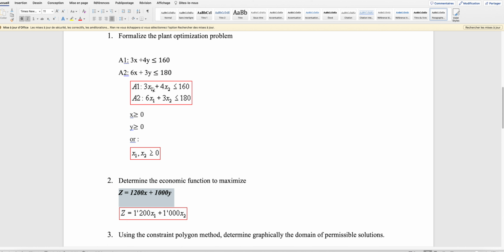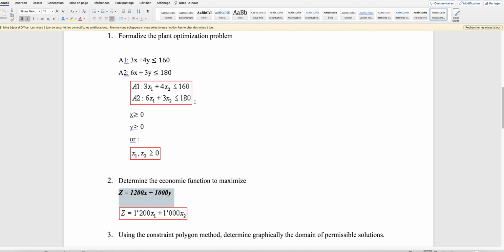We obtain 159 hours. So we are under the constraint A1, so it's okay for the first workshop.